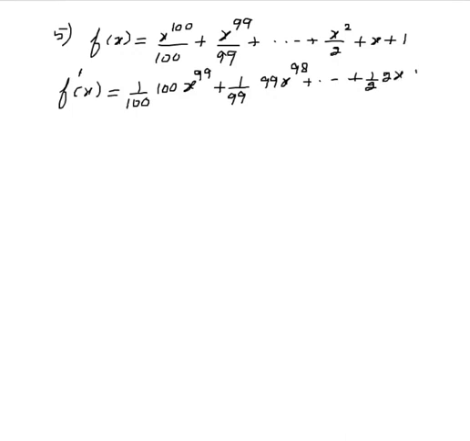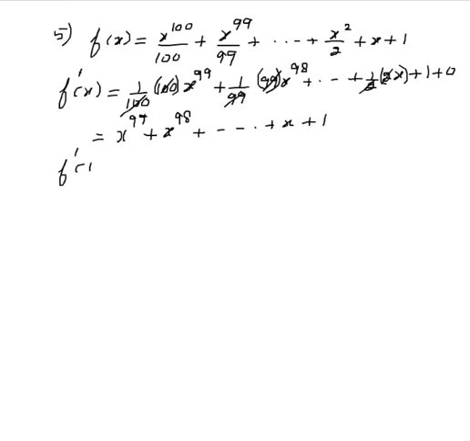Derivative of x square is 2x. And derivative of x is 1. Derivative of constant 1 becomes 0. Now these numbers are getting cancelled. Therefore, f dashed of x is x raised to 99 plus x raised to 98, etc., plus x and plus 1. We will find f dashed of 1.